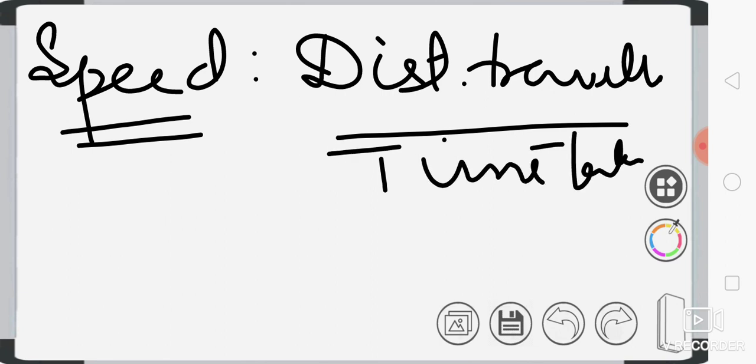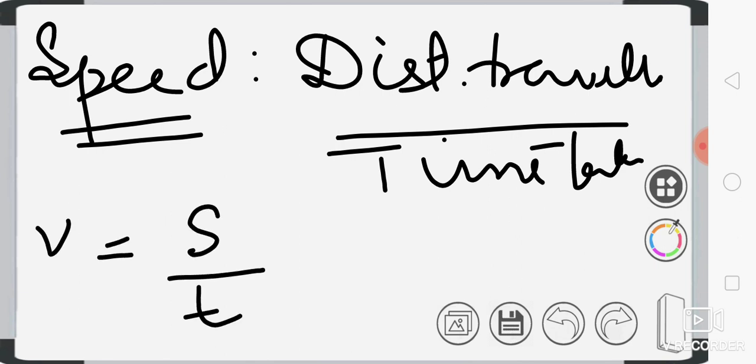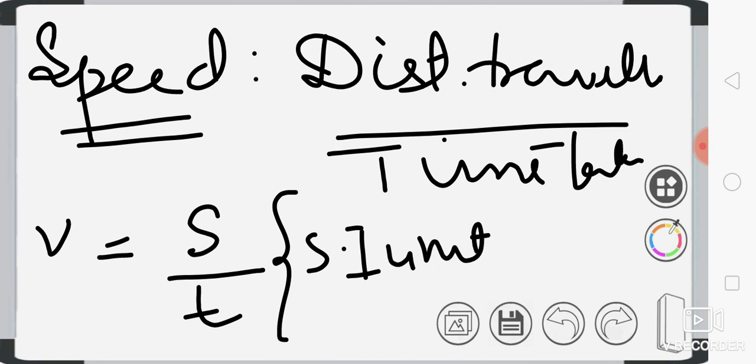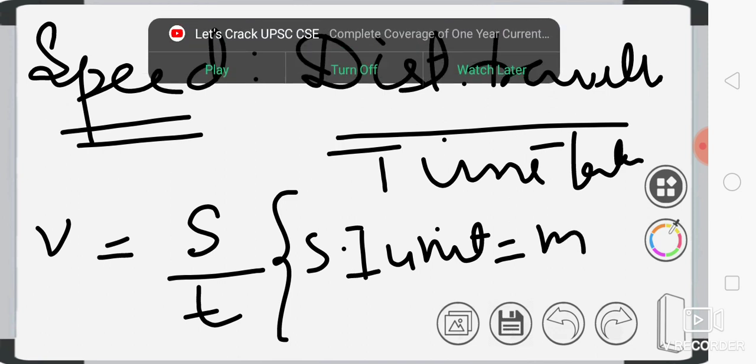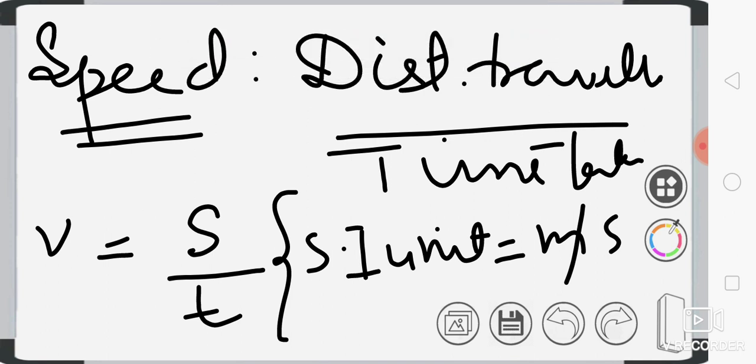We will denote speed with V, distance with S and time with T. So this is the normal formula for speed. A few things we have to keep in mind: the SI unit for speed is meter per second.